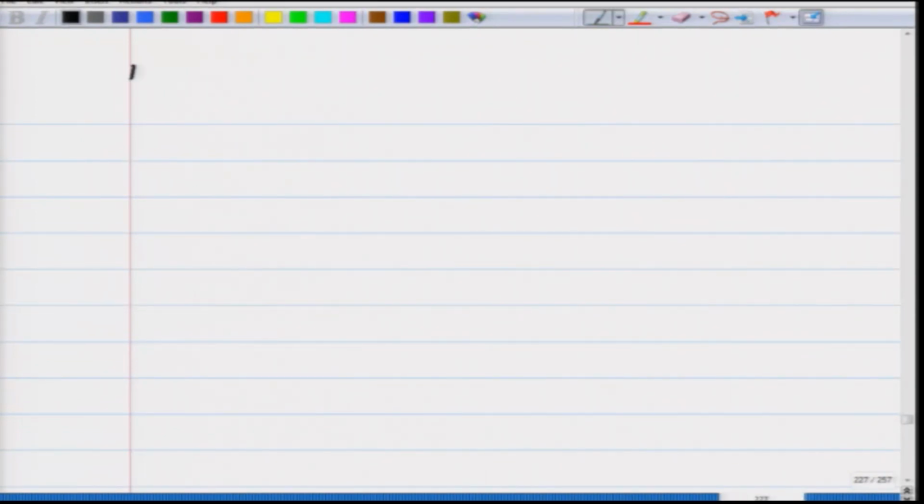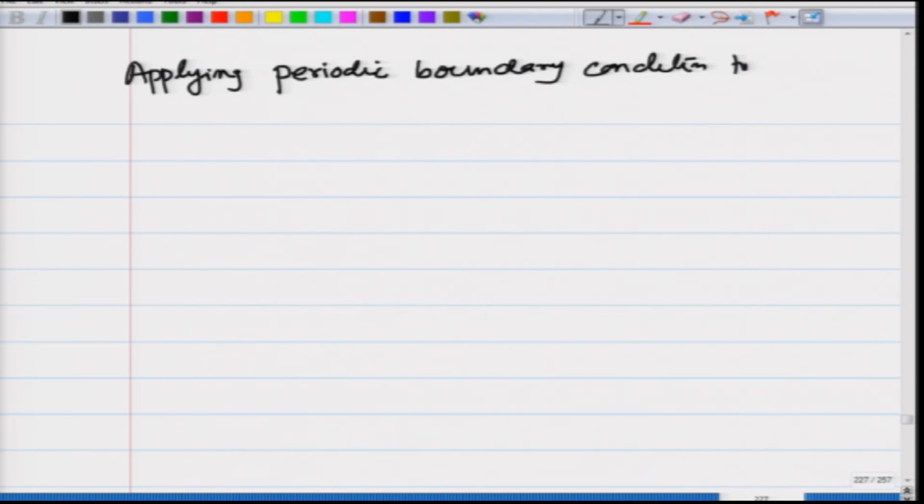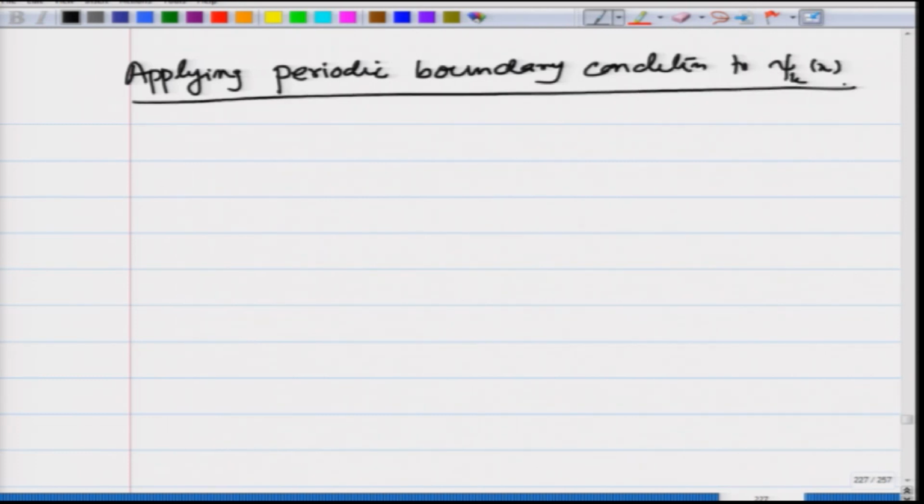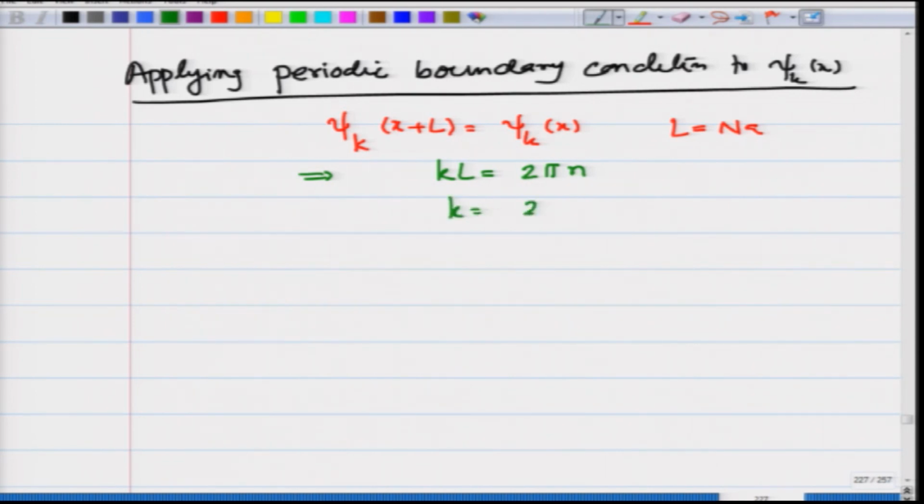Let me rewrite it. So, what we are doing is we are learning about applying periodic boundary condition to psi k x, and in applying this condition I say psi k x plus L equals psi k x, L equals n a, and that implies that k L is equal to 2 n pi, and k equals 2 pi over L n, n equals 0, plus minus 1, plus minus 2, and so on.